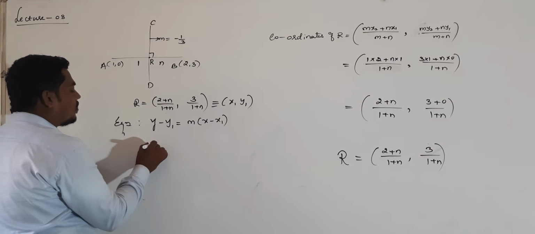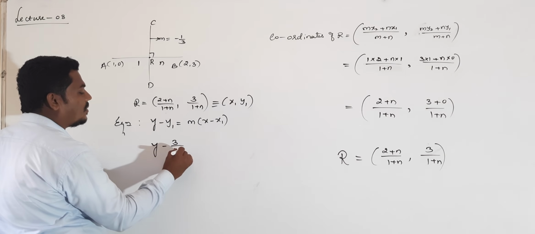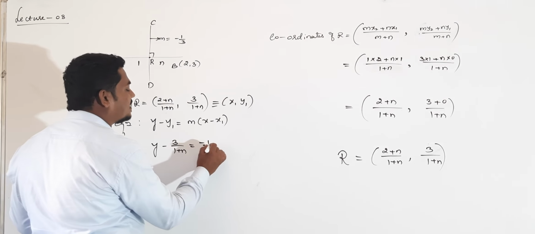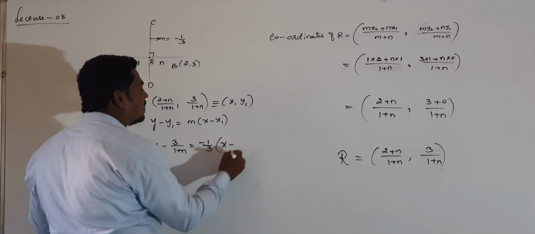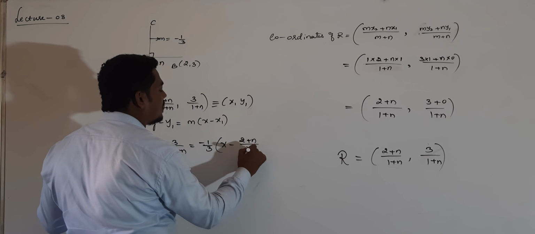Then y minus y1, that is 3 divided by (1 plus n), that's equal to m value, minus 1 by 3, into (x minus x1). This is our x1 value, that is (2 plus n) divided by (1 plus n).